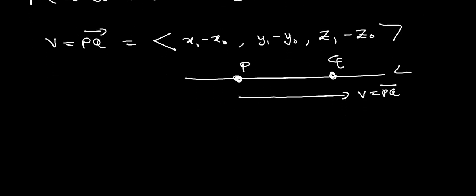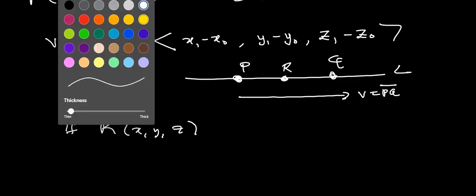And if there is another point R, with x, y, and z, on the line L, then PR, wherever R is located, let me use a different color, it doesn't matter where.